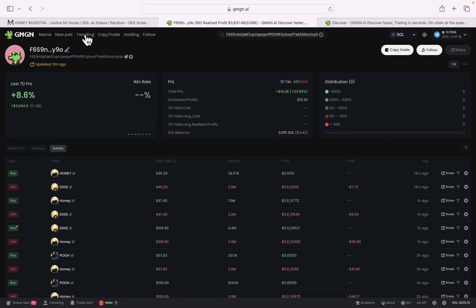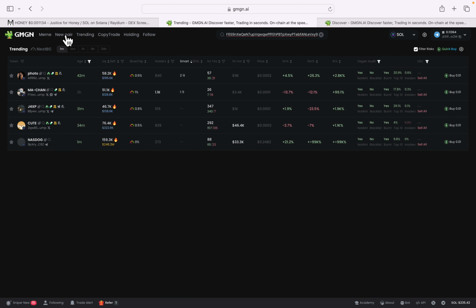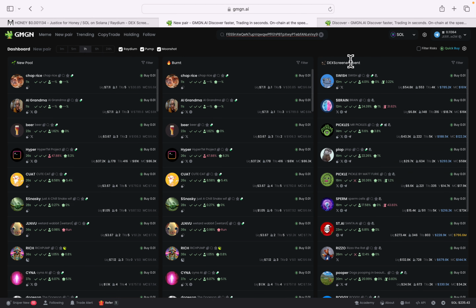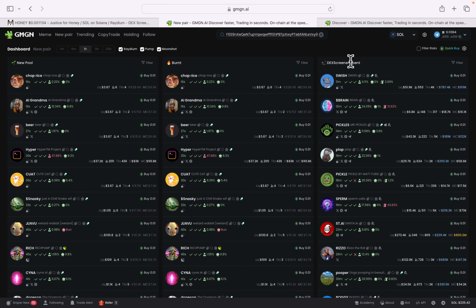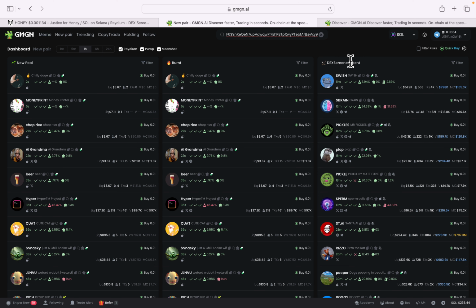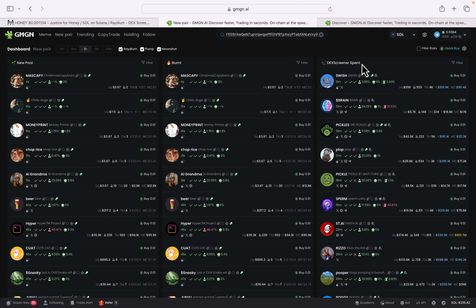There is actually another way to find some insiders, some good wallets to track. You can go to the trending section, or actually new pair. I want to look at DexScreener spent tokens. These tokens are more serious because most rugs usually rug in a few minutes. They never pay for DexScreener, for example. Most of these tokens will end up being a rug, but at least they paid for DexScreener and they are more serious.